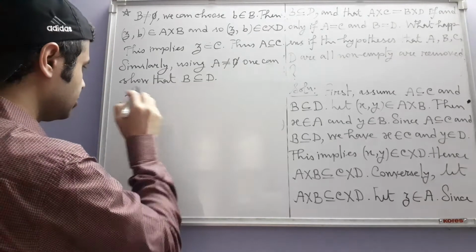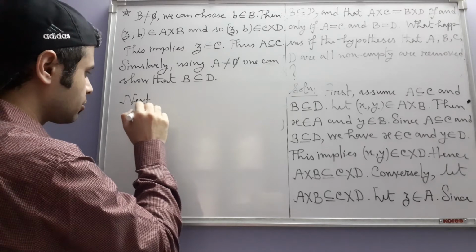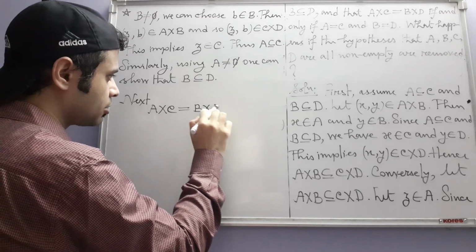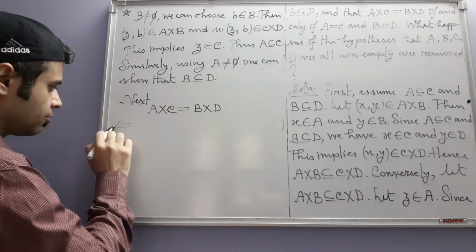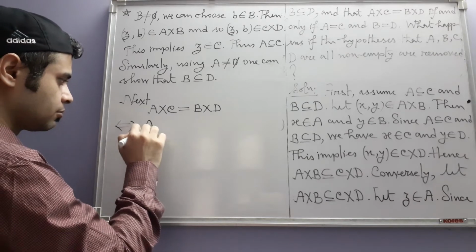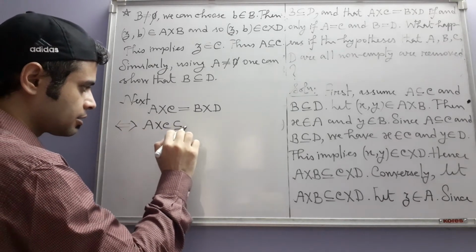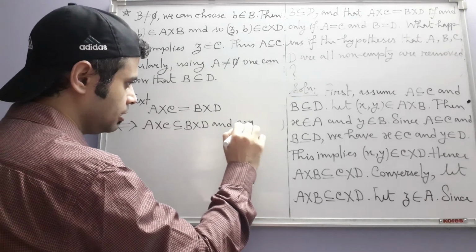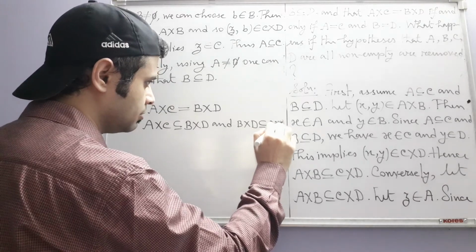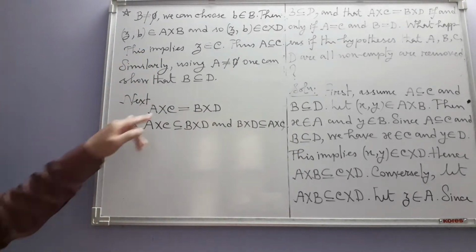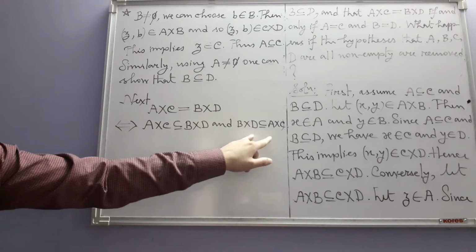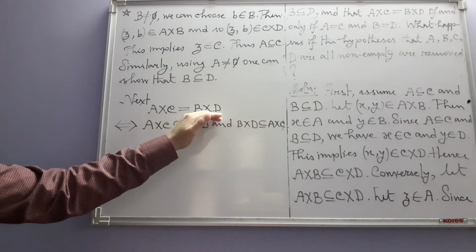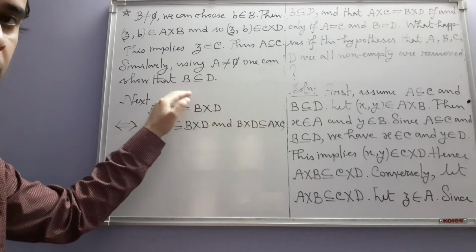Next, A cross C is equal to B cross D if and only if A cross C is a subset of B cross D and B cross D is also a subset of A cross C. That is true. If this equality is there, then both the containment relations are true, and conversely, if they are true, then we have equality. In fact, that's what we do every time we prove two sets are equal.